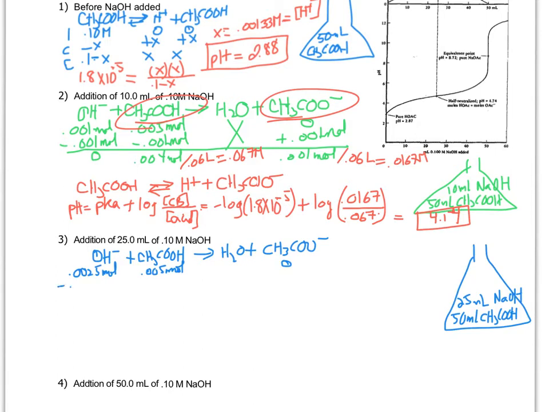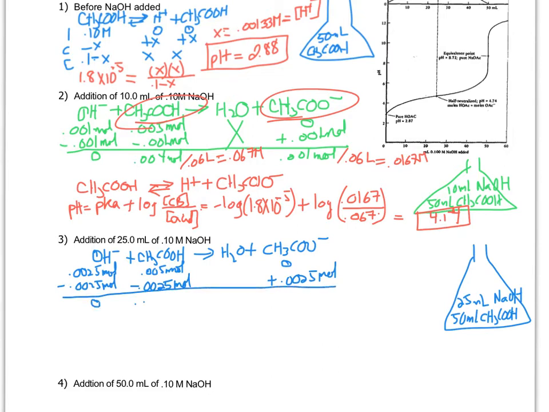So minus 0.0025 moles and minus 0.0025 moles and plus 0.0025 moles. At the end, my hydroxide is used up.